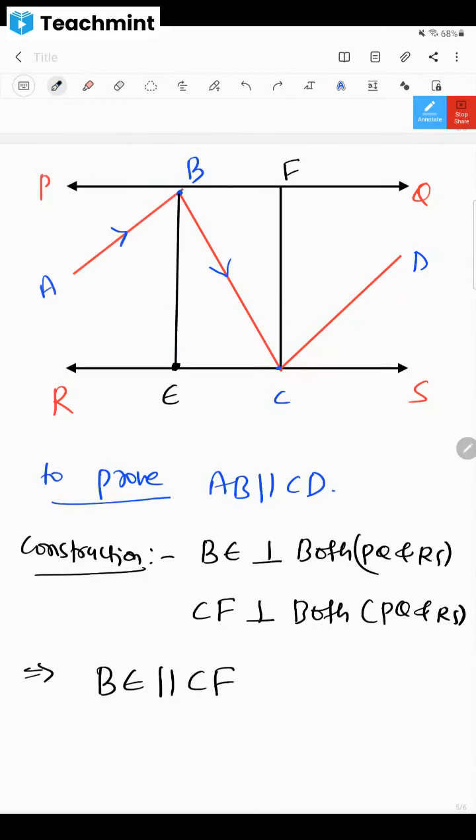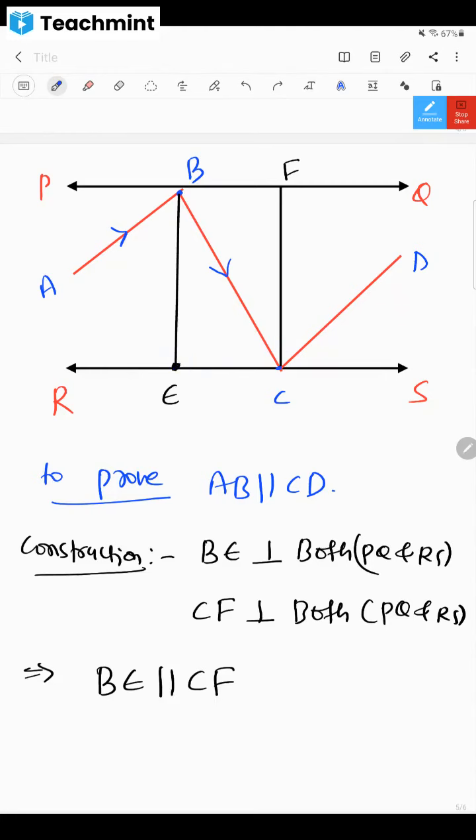If they are parallel to each other, now look at these angles, dear children. Don't you think this BC is the transversal for these two lines? No need to tilt the mobile phone at all.